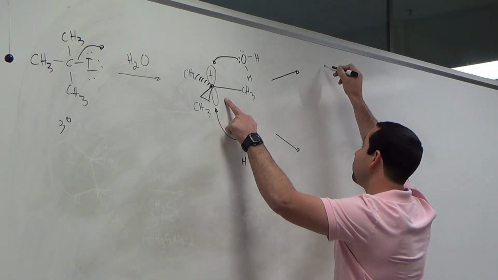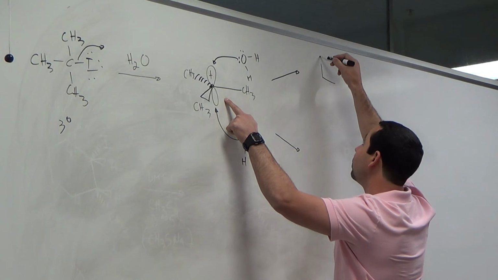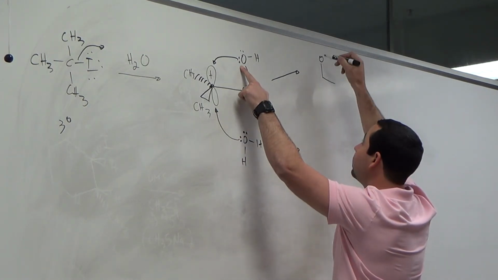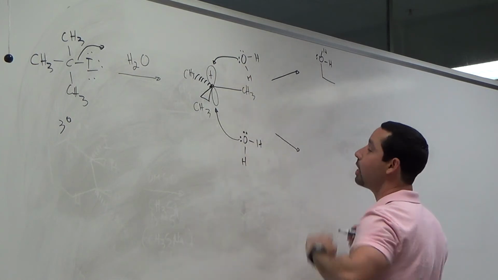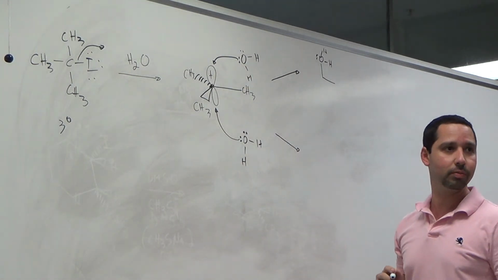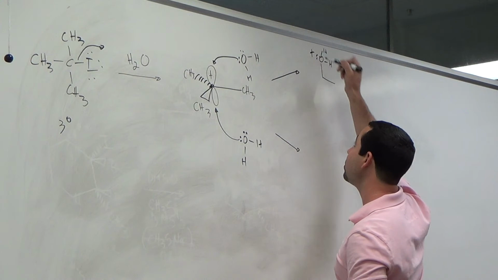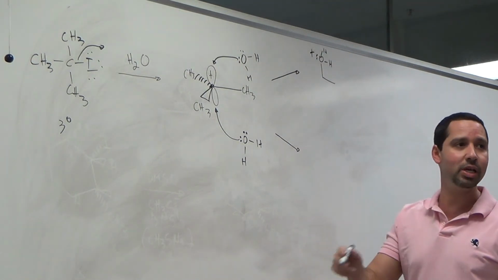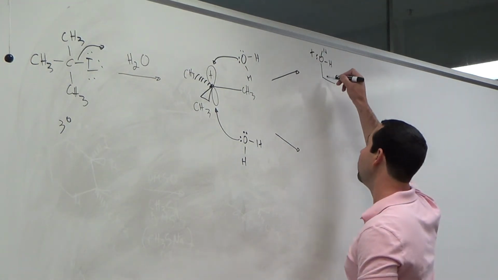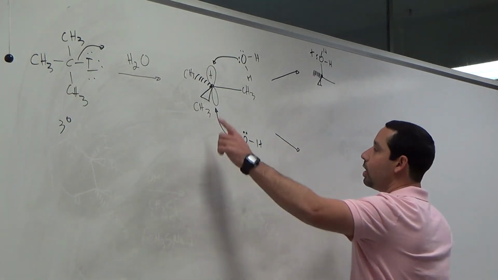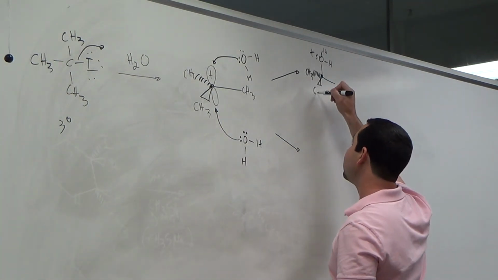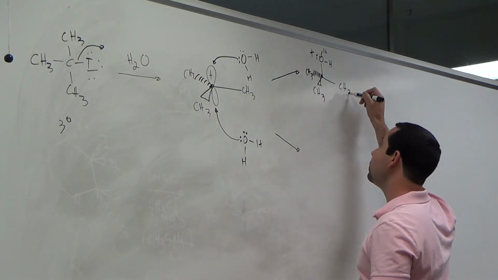So, if it attacks from the top, this is what you get: O, that attacked with a lone pair, hydrogen here, and hydrogen here. Does that oxygen have a charge? Yes, formal charge is positive. If you don't believe me, do the finger test, where I explained to you at the beginning of the course. And that's CH3, CH3, and CH3.